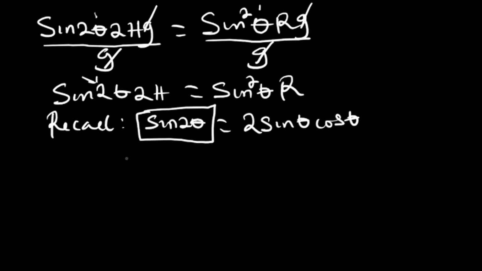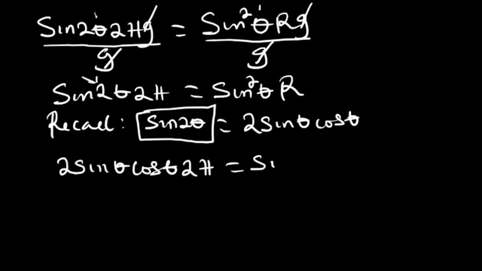Now let's do the replacement right away. So here we have 2 sine theta cos theta multiplied by 2h is equal to sine squared theta times r. Good. So at this point, let's go ahead and divide both sides by sine to eliminate the sine.